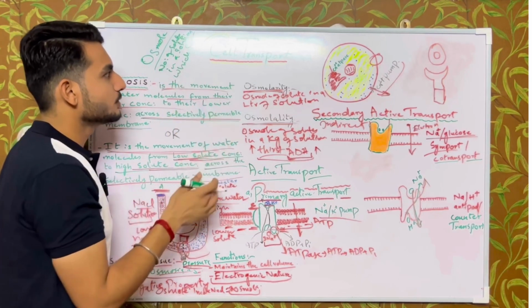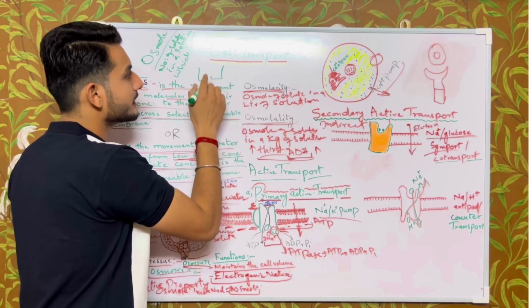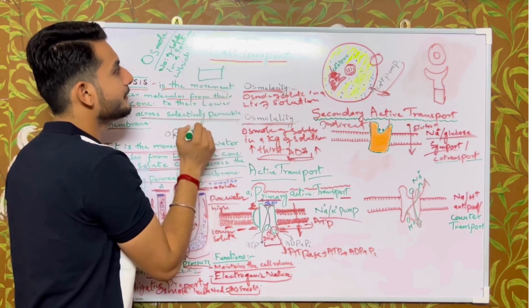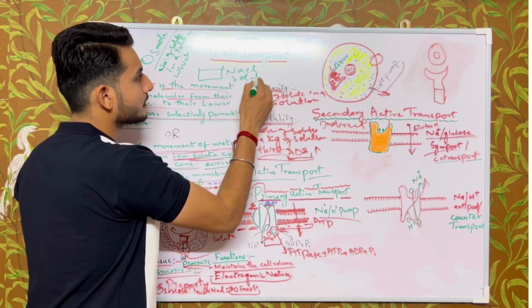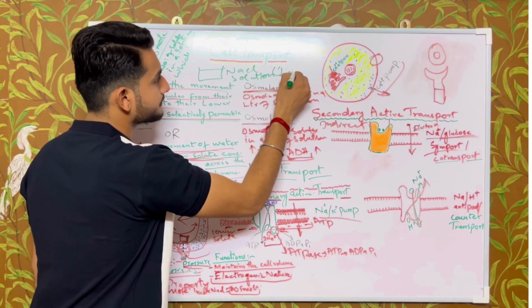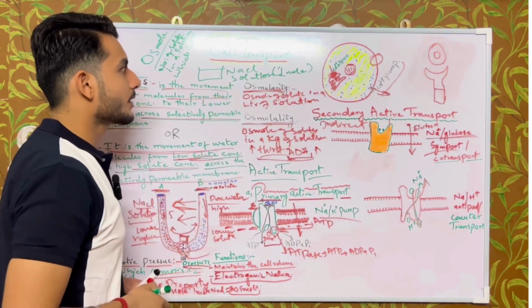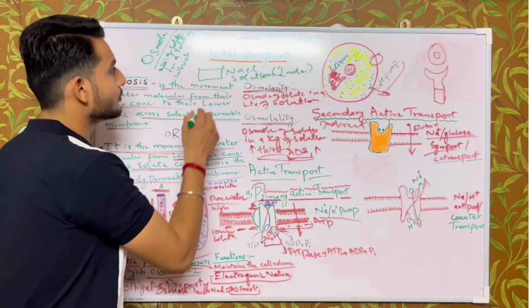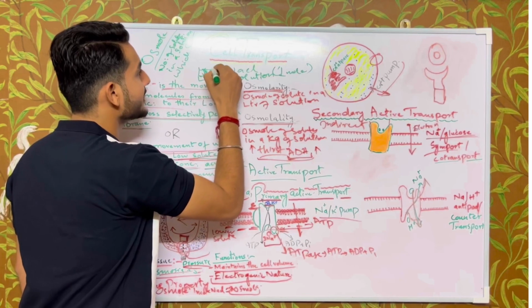Let's learn it through the diagram. We have got a container. This container is filled with sodium chloride solution. So we have filled 1 mole of sodium chloride solution. This 1 mole of sodium chloride will now be dissociated into their respective ions. Sodium ions will be there, chloride ions will be there.